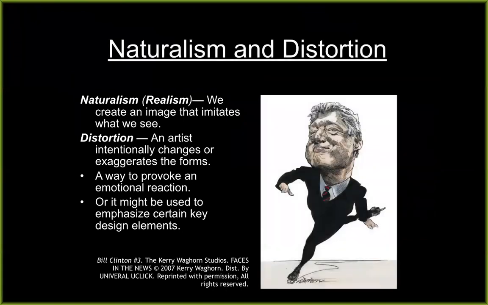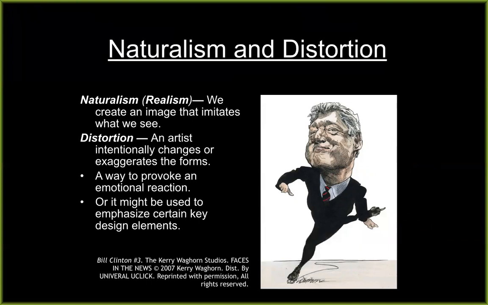Artists use naturalism and distortion, especially in advertising and in politics, as we see here. There are a lot of artists who work in realism. They create an image that is as close to life as possible. And if you did a Google search, you'd come up with some very famous artists that do very photorealistic painting.